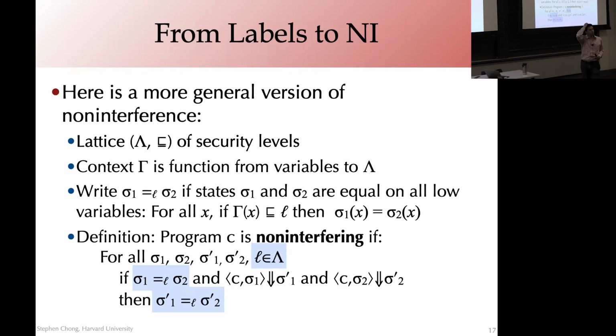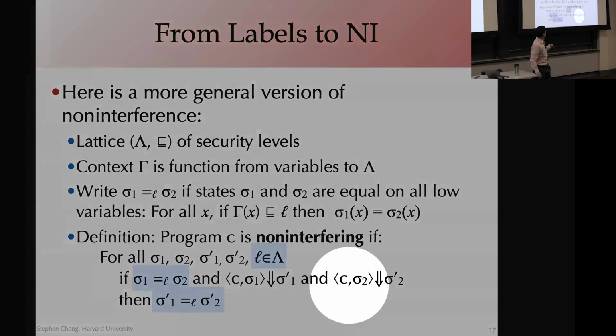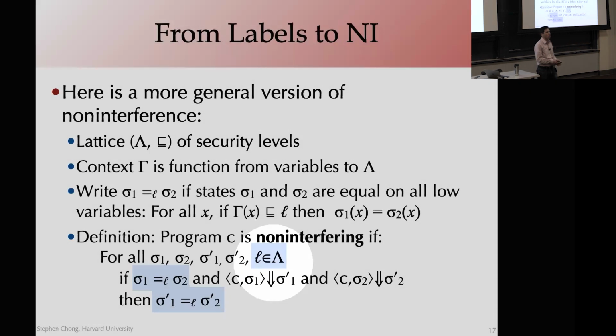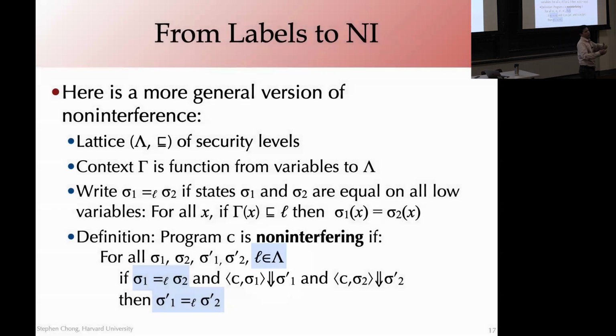Yeah. So this definition seems stricter than the definition before because L here is universally quantified, which seems like every label is a low label. Yes, well noticed. The security level L here is universally quantified. So what we're requiring for non-interference is that no matter which security level you choose, you're not interfering with respect to that level.